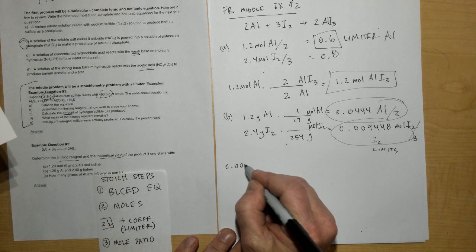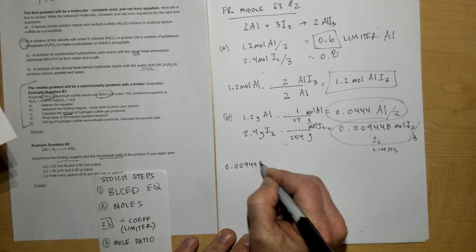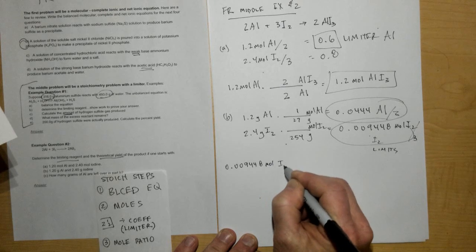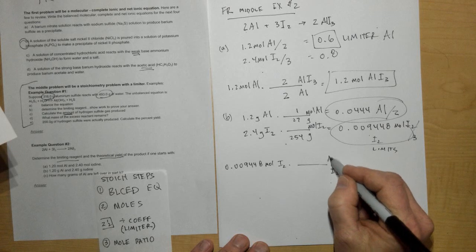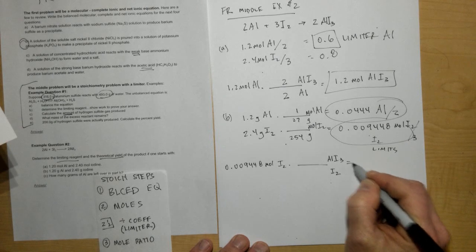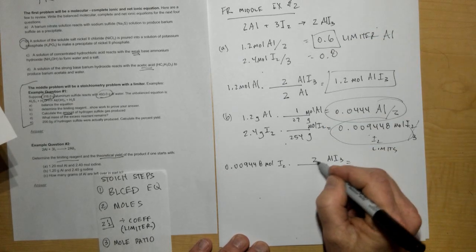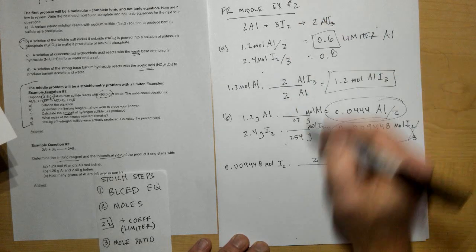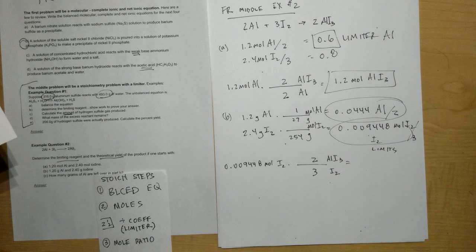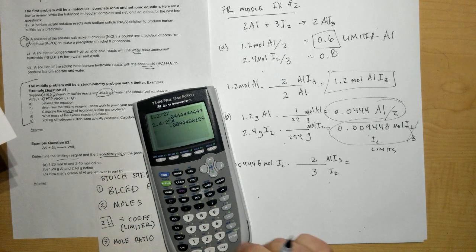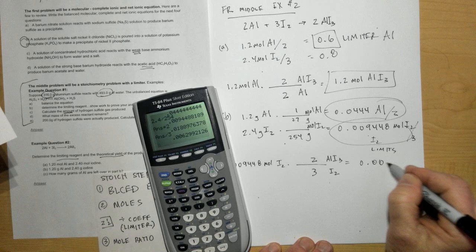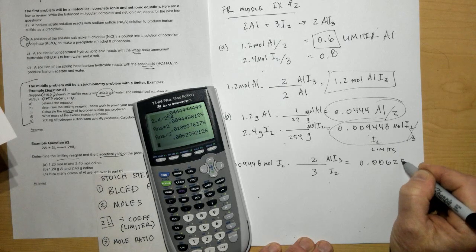So I have 0.009448 moles of iodine. Put iodine in a position where it's going to cancel, and then I put my AlI3 on the top, and for every 2 AlI3s, there are 3 I2s. And so I'll take my 0.009448, multiply that by 2, enter, divide that by 3, enter, and I end up with 0.0062991.